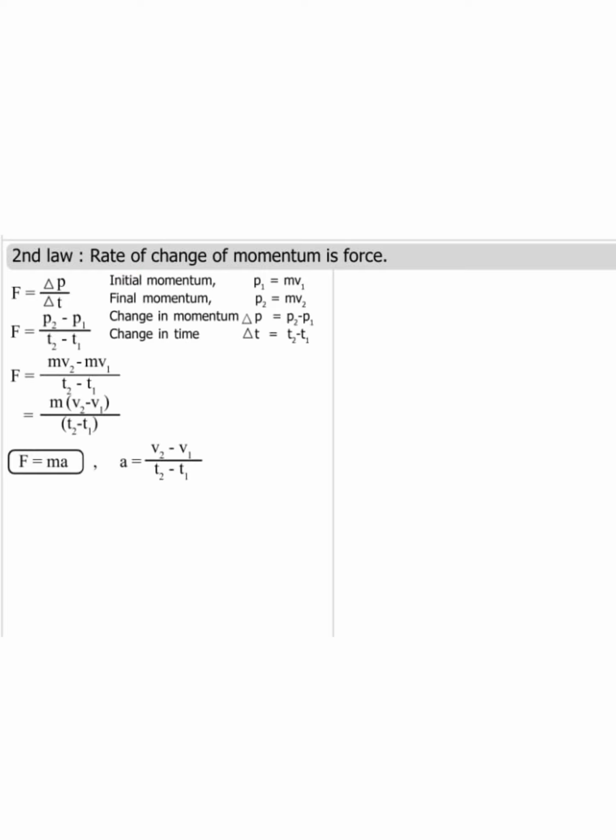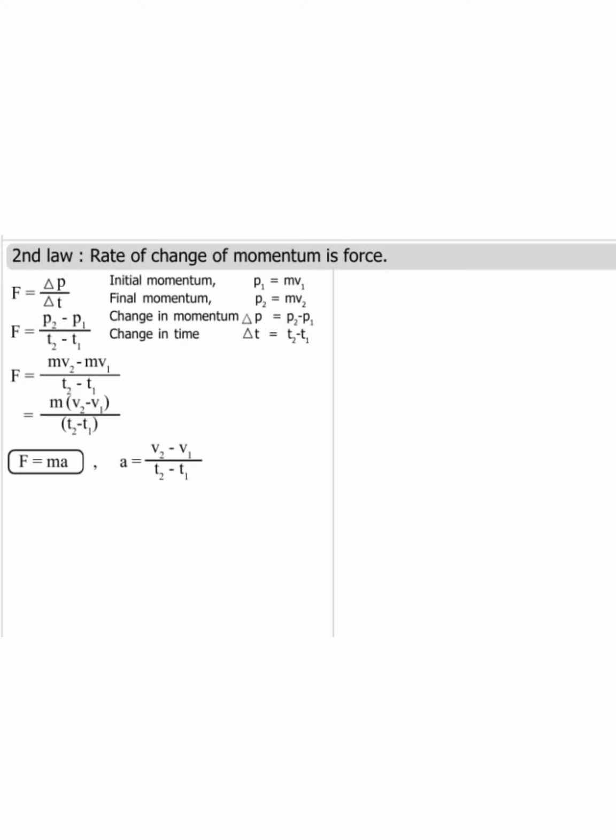As we know, force equal to rate of change of momentum, that is delta P by delta T. Delta P is change in momentum, delta T is change in time.